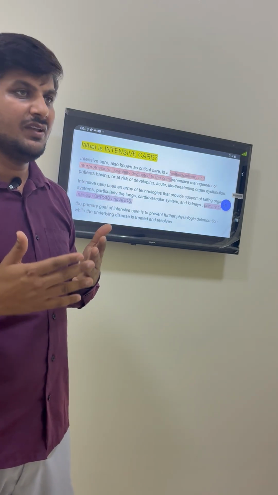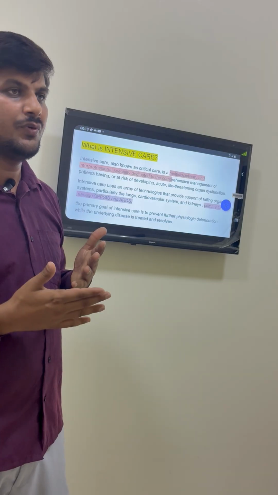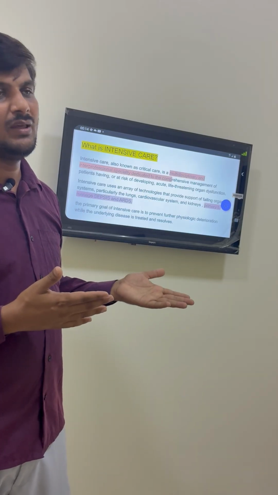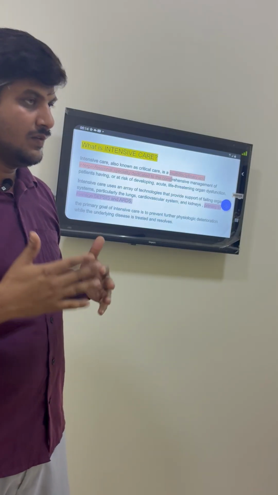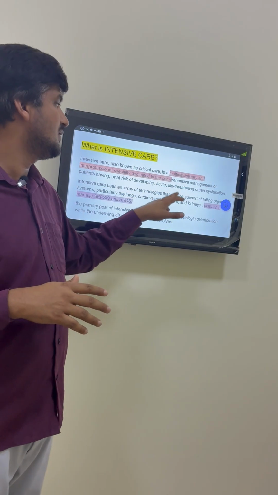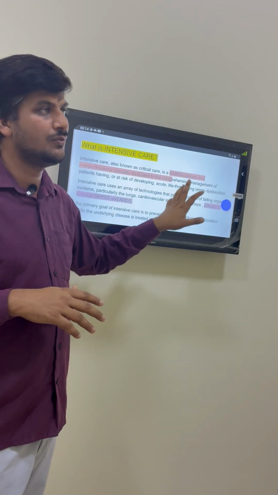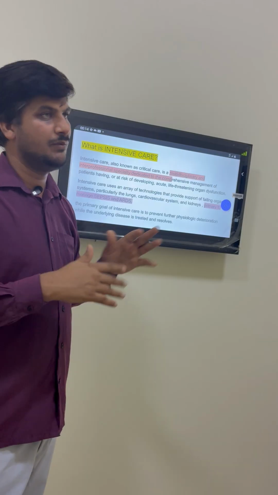Suppose we are giving the patient correct positive inotropic support, and the patient may need ventilator support. If we are giving everything correctly, the risk of developing MODS, multi-organ dysfunction syndrome, we can avoid with proper ICU care.